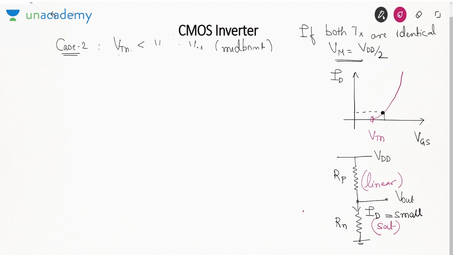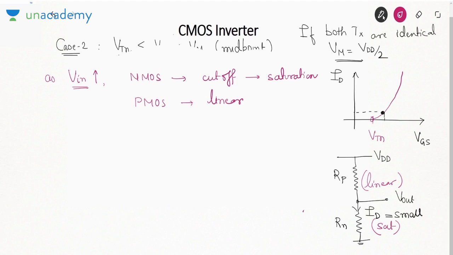So we will say, as input voltage is increased, NMOS moves from cutoff region to saturation region, but PMOS stays in the linear region.